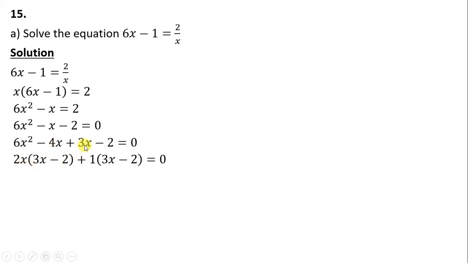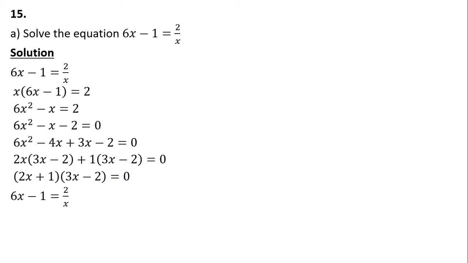What is common between 3x and negative 2? 1. So from here, you are going to find the common factor inside the brackets. Group what has remained. So I have to group 2x and 1. So we have (2x plus 1), and the common factor (3x minus 2) is equal to 0.